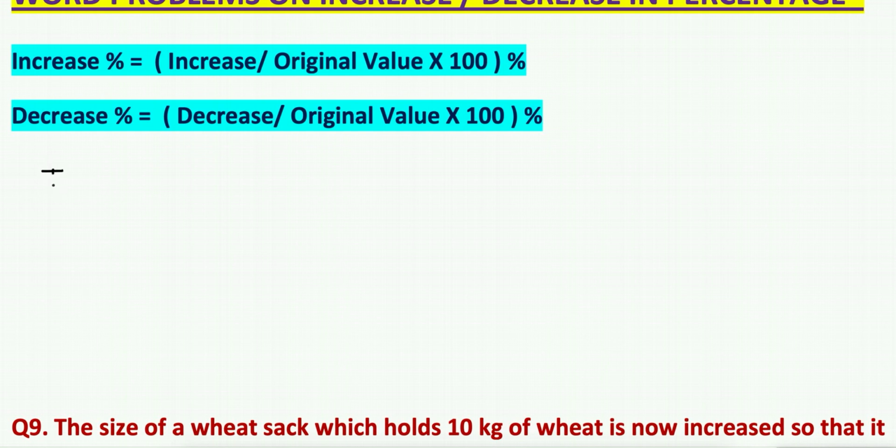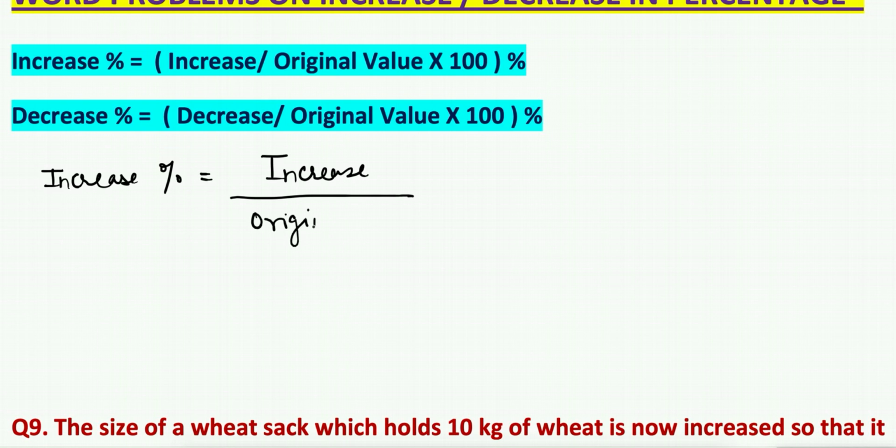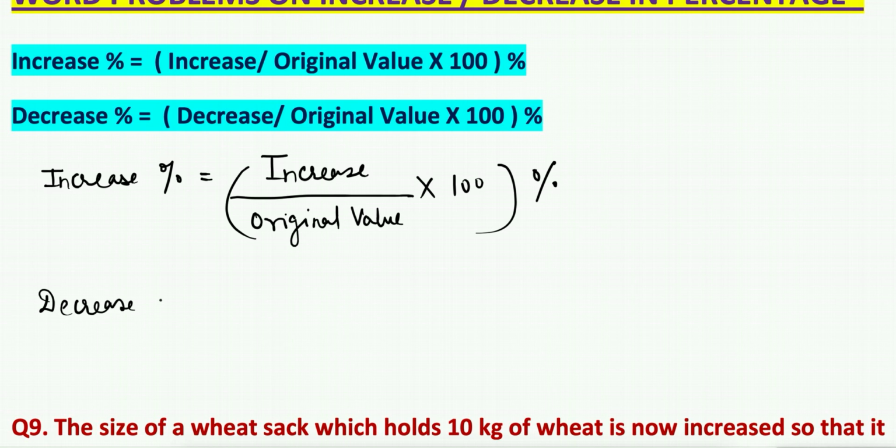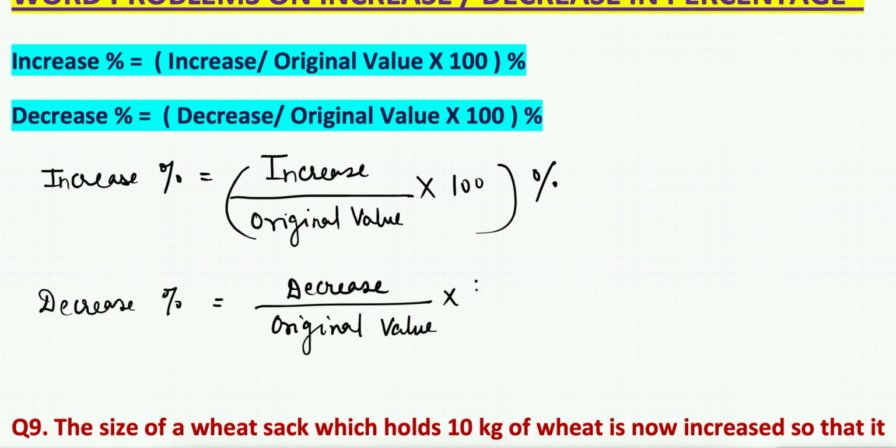The increase in percentage is equal to the increase amount divided by the original value multiplied by 100 in full percentage sign, and the decrease in percent will be the decrease in value divided by the original value multiplied by 100 and whole percentage sign.